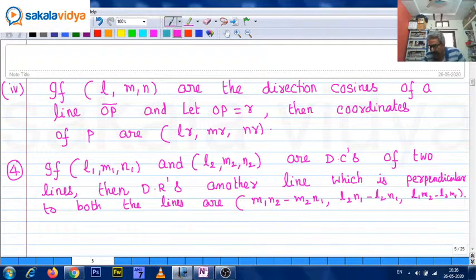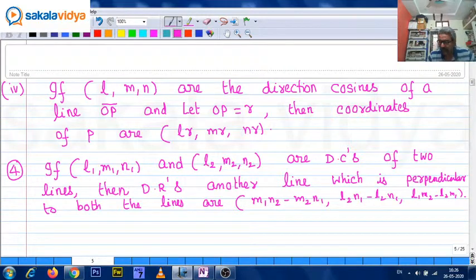So we need to find the DRs of the line which is perpendicular to both the lines, given by M1 N2 minus M2 N1, L2 N1 minus N2 L1, L1 M2 minus L2 M1. You need to remember all these things; simply you can solve the problems.